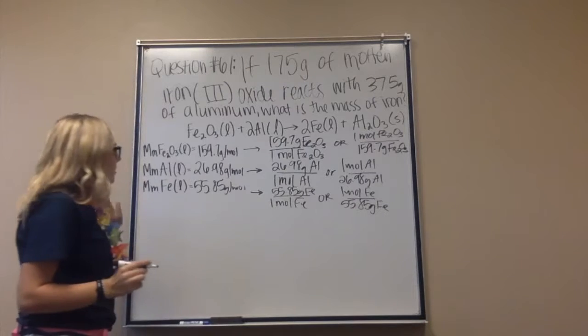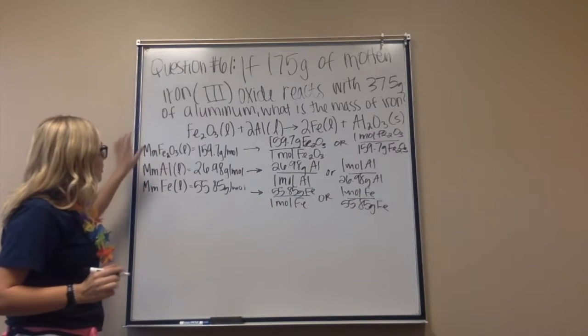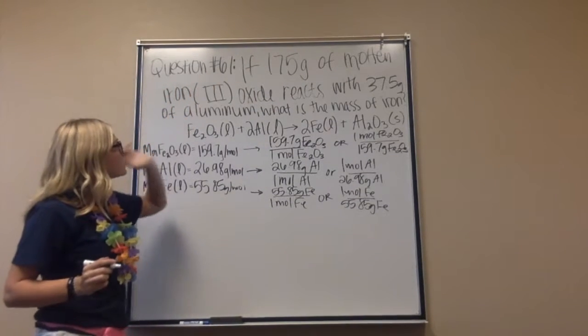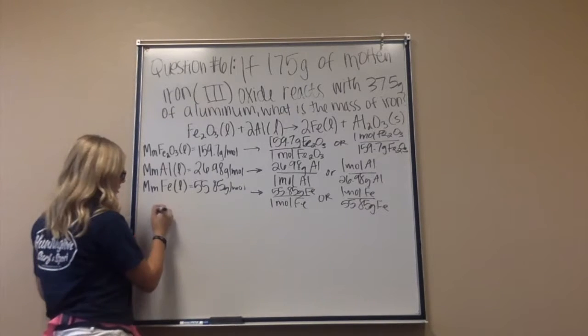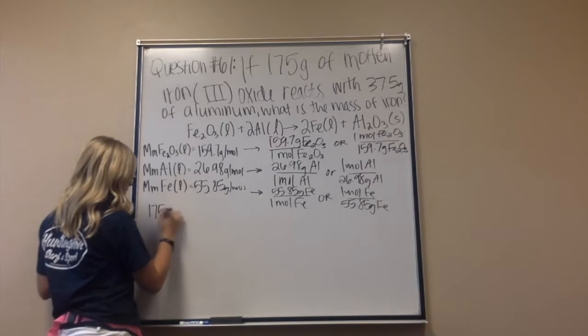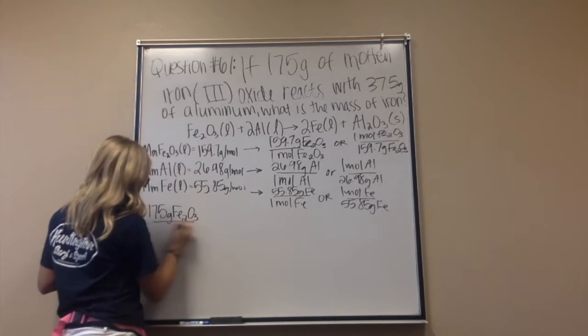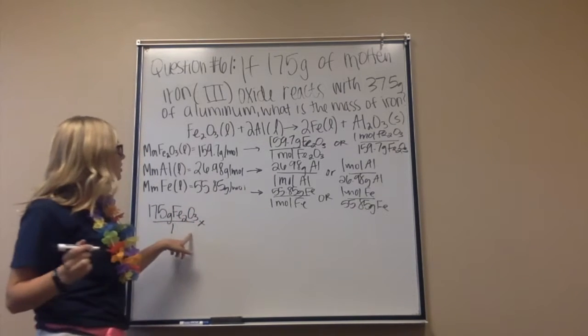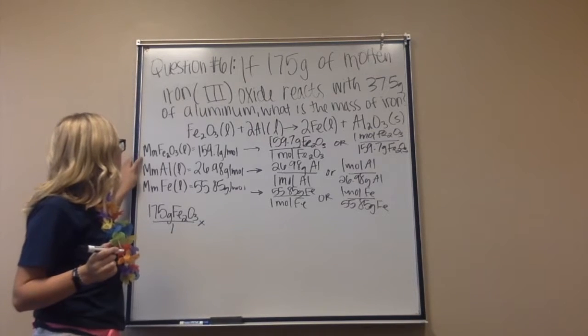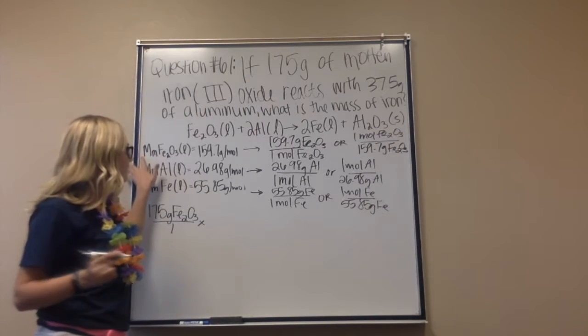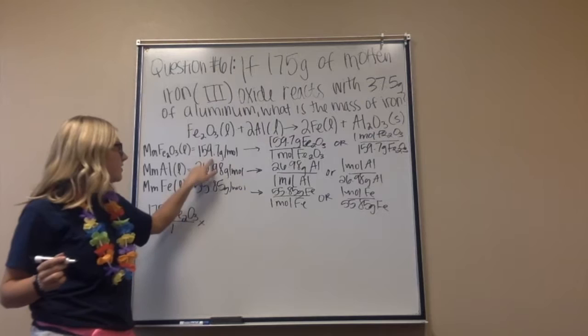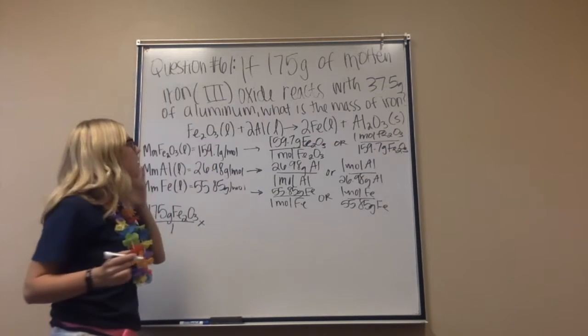Then I'm going to put them all together, starting with the given for the molten iron(III) oxide, which is 175 grams. The next step is converting it using the molar mass of Fe2O3, which is 159.7 grams per mole.